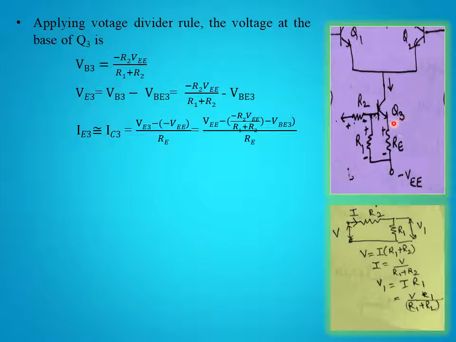So the potential difference will be VE3 minus of minus VEE, upon RE. Why are we taking this as positive? Because current is flowing in this direction. So VE3 minus of minus VEE upon RE will be IE3, as shown here. Now again putting the value of VE3, we get this equation.